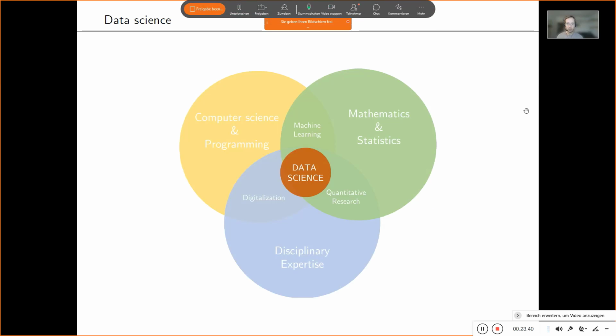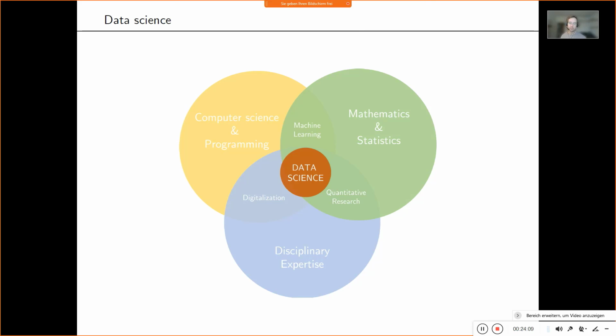Now a little bit more in depth, how I see where I see data science situated. I might have shown that previously. So of course, data science builds on things that have been around forever, and also the term data science is not really new, that's a term from kind of the 1950s.